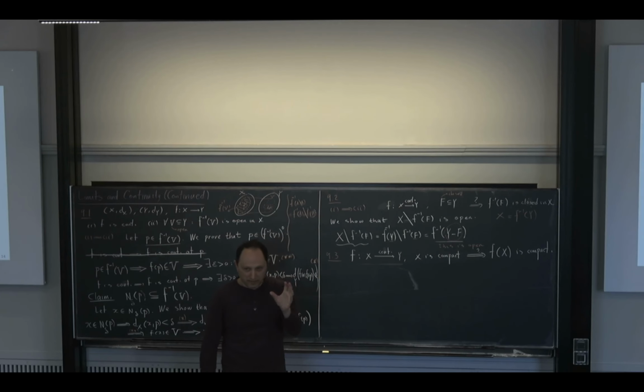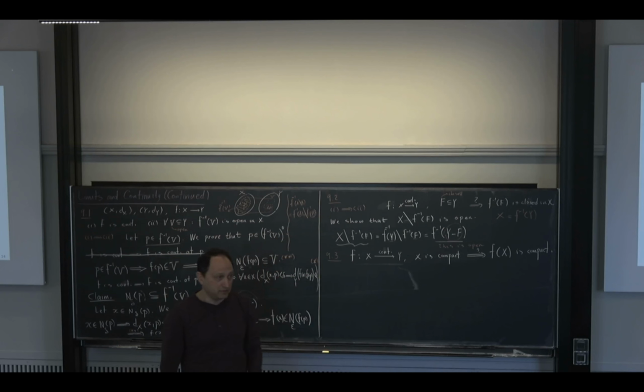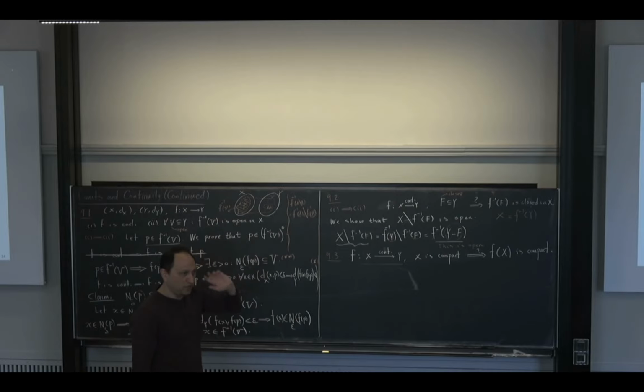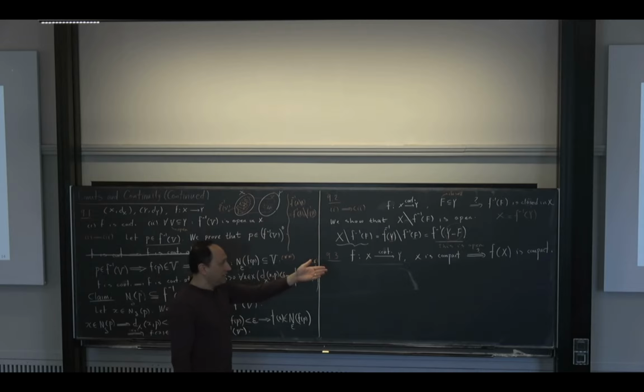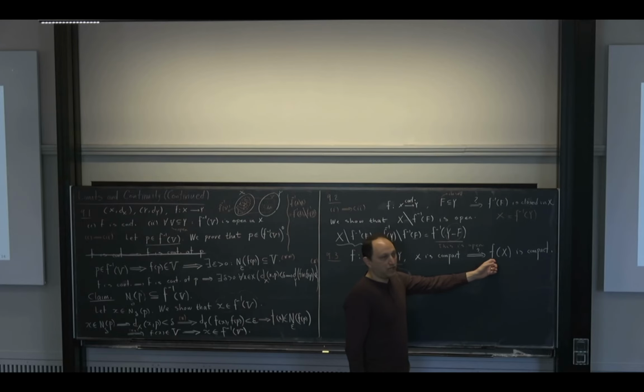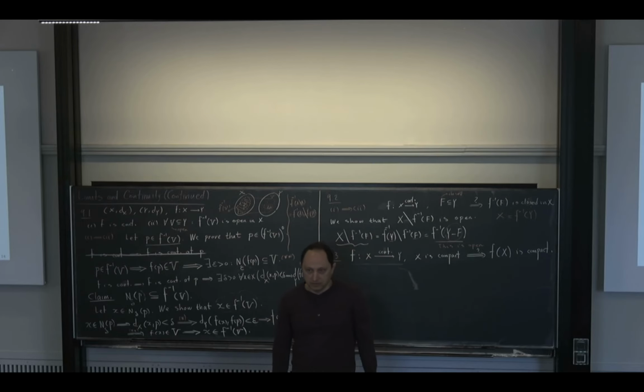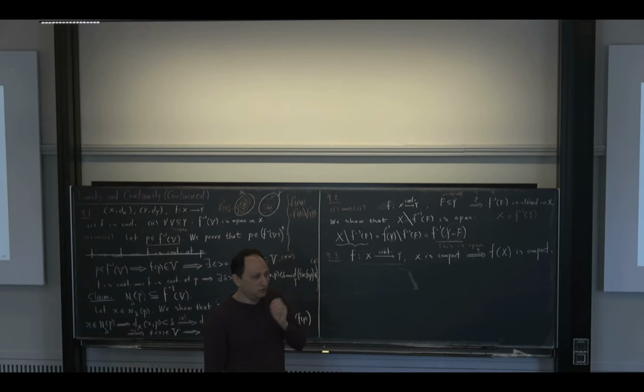So it preserves compactness. Okay, so how can I prove a set is compact? We have two ways. Do you remember? One was the original way. I just want to remind you. What was that? Every open cover of my set should have a finite subcover. But do you remember later in the course we learned something sometimes simpler?